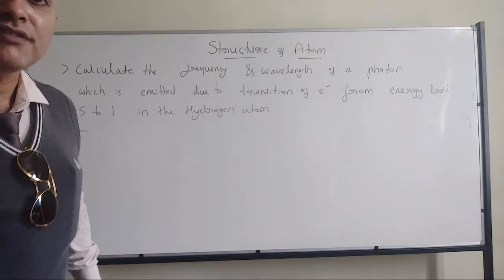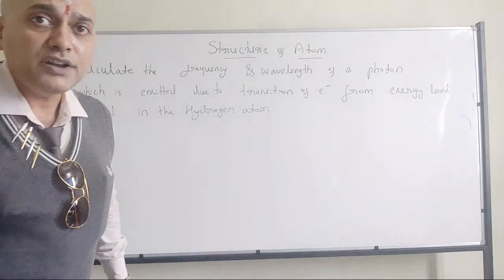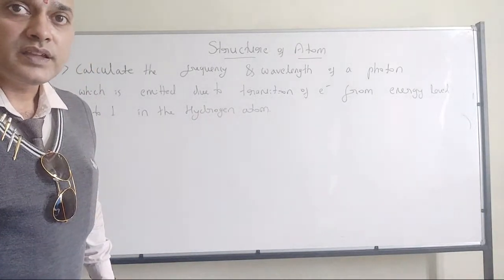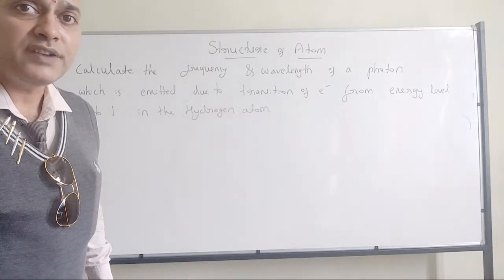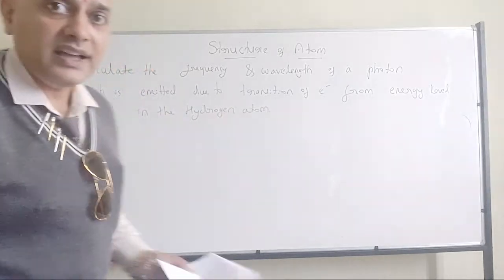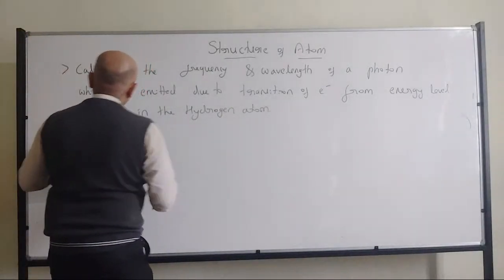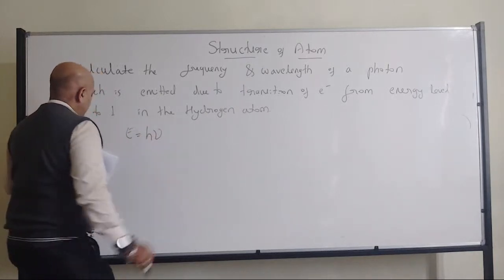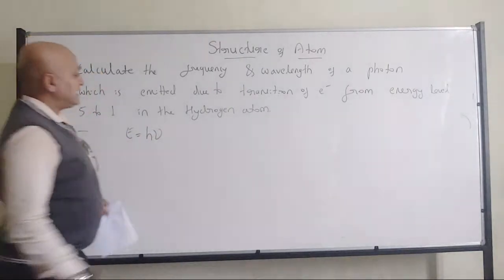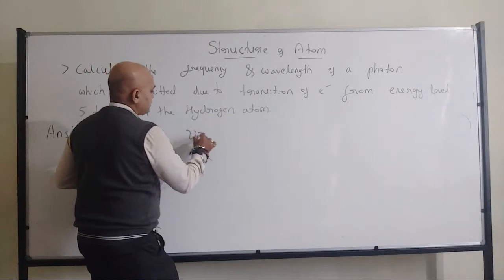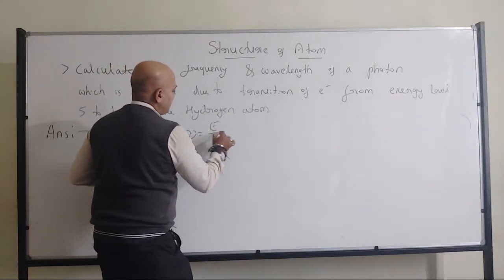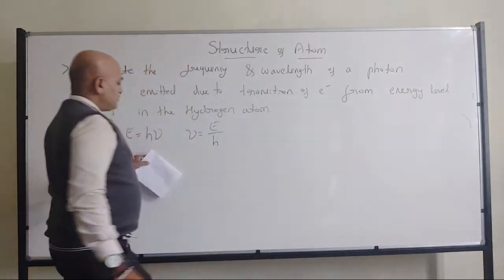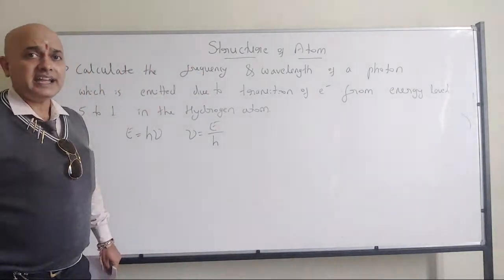How to find the frequency? Very good. So that's where we have the E is equal to h nu equation. By rearranging this equation, nu is equal to E by h.